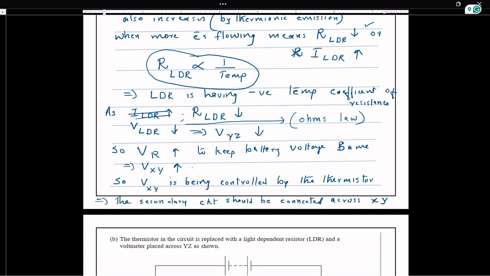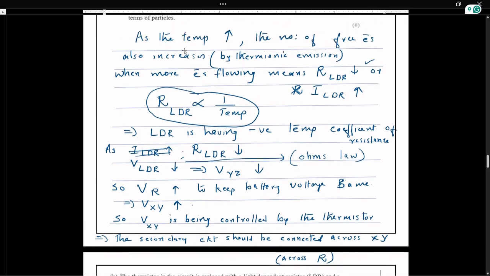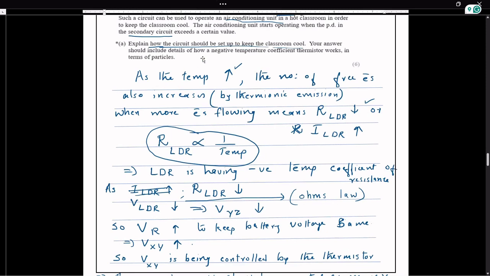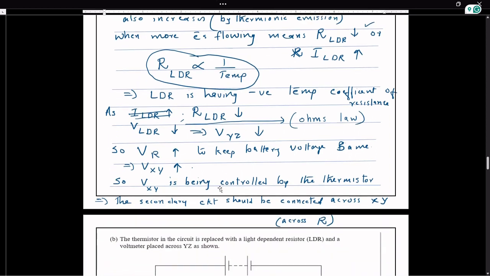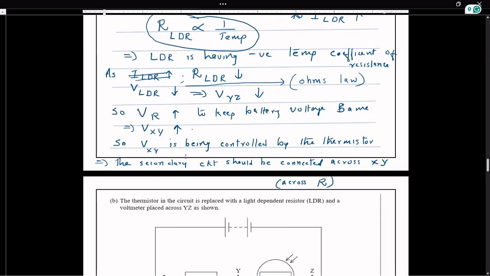This is the place to connect the secondary unit. So we included the answer. We included the negative temperature coefficient. As the LDR resistance decreases, the voltage of the LDR decreases by Ohm's law. Therefore, the voltage across the fixed resistor has to increase to keep the battery voltage the same, or VXY is being controlled by the thermistor. So we have to connect the secondary unit across that VXY.